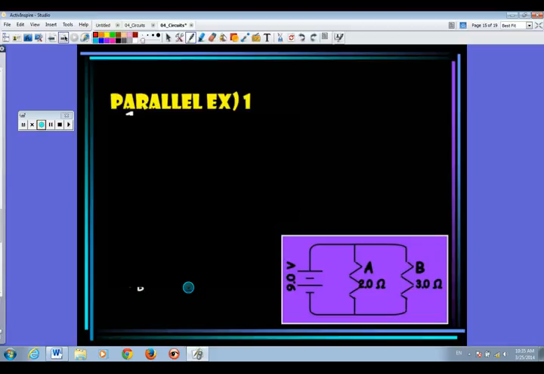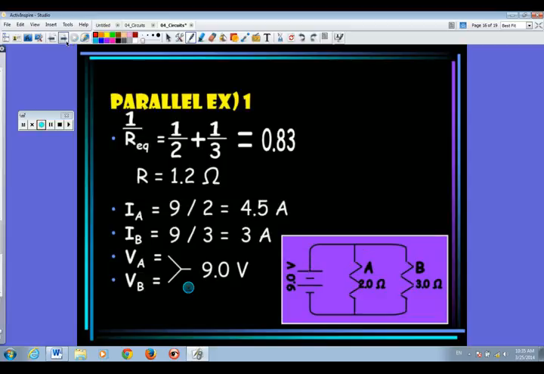What about for a parallel circuit? Again, we still need R, we still need I, and we still need V. That's what we're looking for. Here, we're coming off a 9-volt battery. We got two different pathways. What's going to happen?